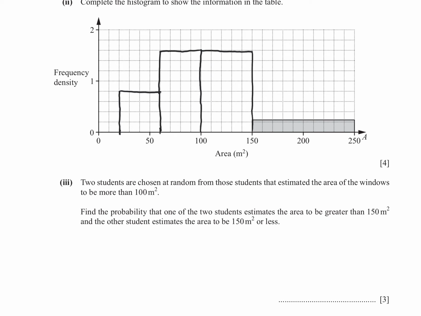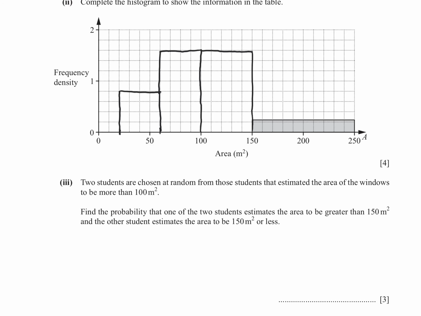Two students are chosen at random from those students that estimated the area of the windows to be more than 100 meters squared. Find the probability that one of the two students estimates the area to be greater than 150 meters squared, and the other student estimates the area to be 150 meters squared or less.